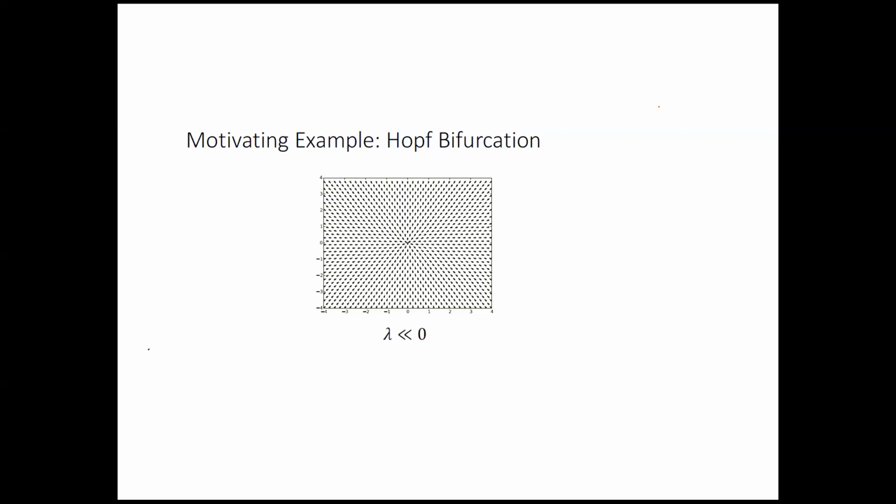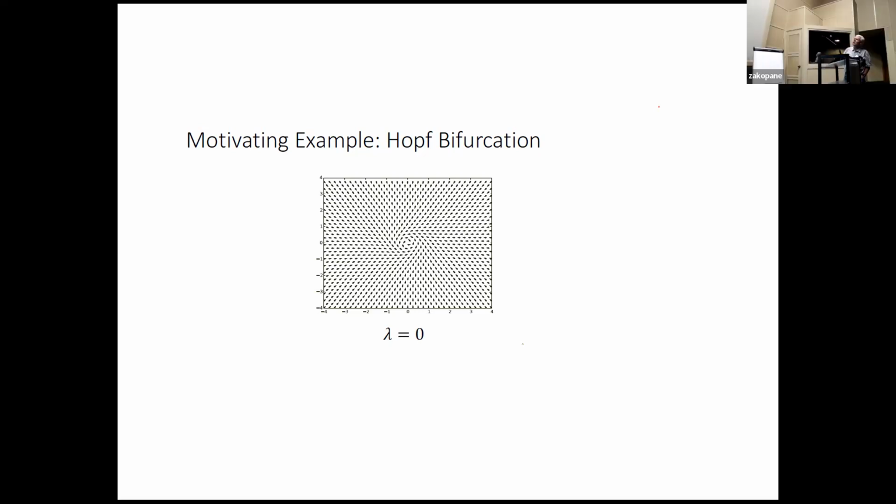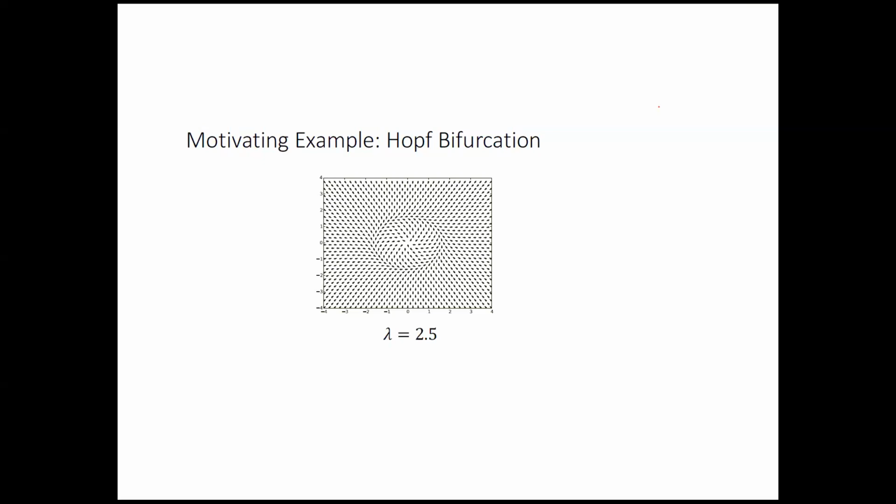I just pick a point and take the vector from this analytically known vector field. So in Hopf bifurcation, you have a repelling fixed point, and then a periodic trajectory is born, and it keeps growing. There is still a fixed point inside, which is now attracting, and the periodic trajectory is repelling.